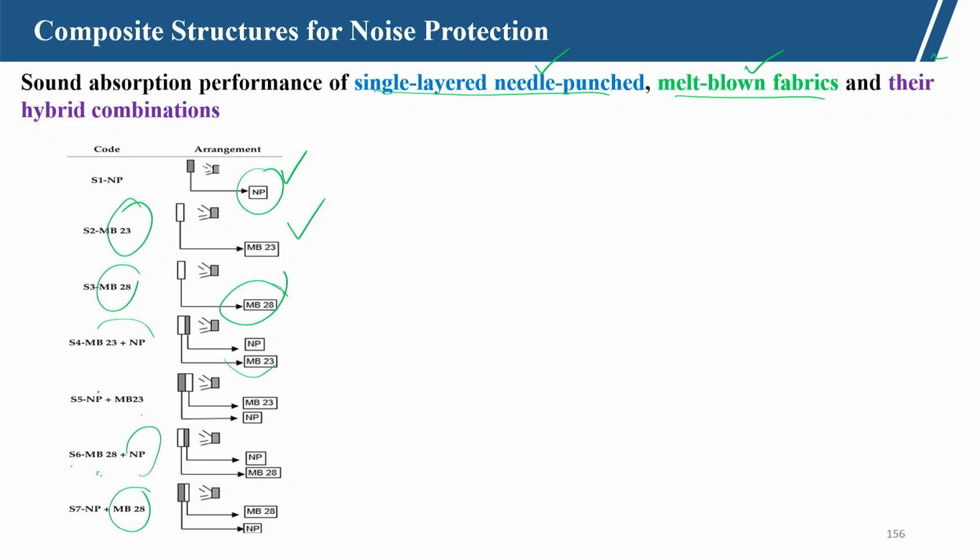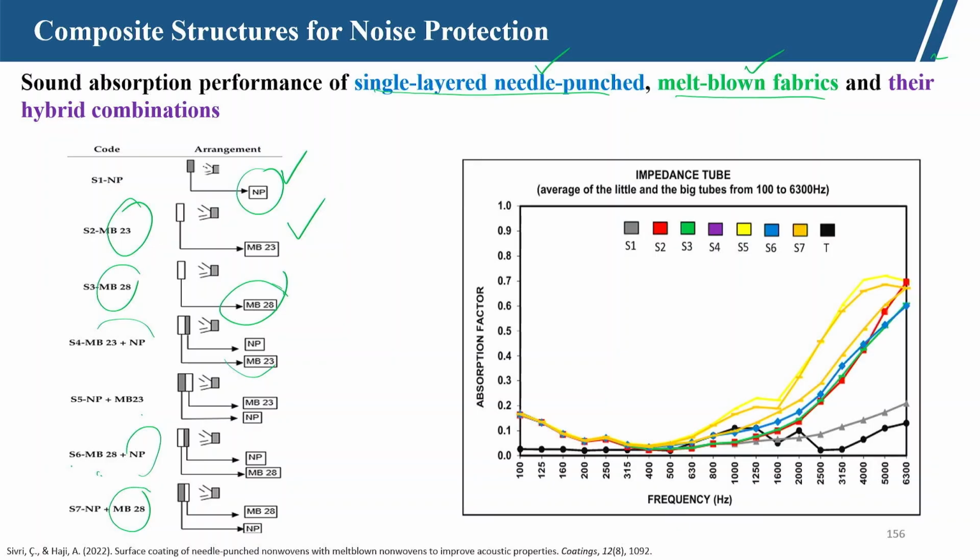So, for S4 and S5 the difference is basically which is coming in the front and which is coming in the back. Similarly for S6, S7. Here we can see clearly the position of the fiber and layering in making the composite has a significant impact on the sound absorption coefficient.